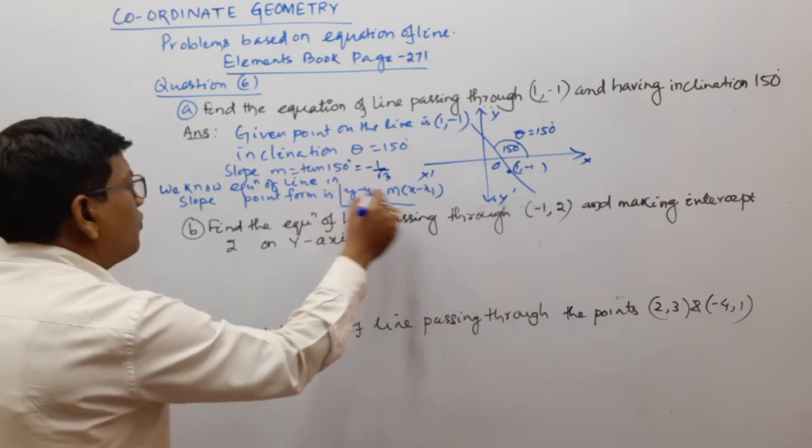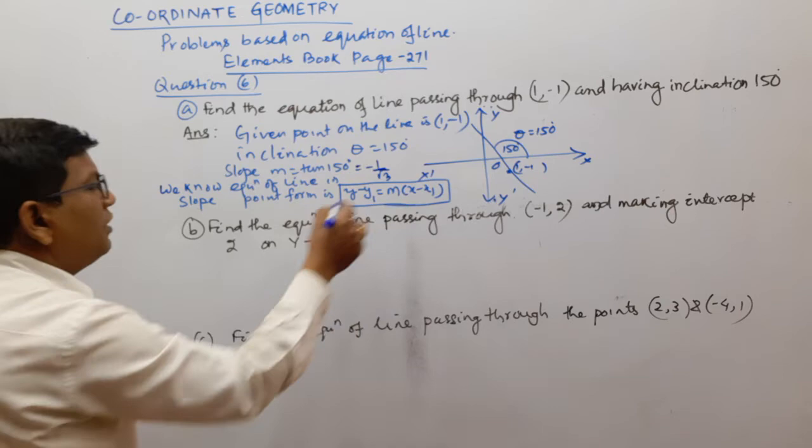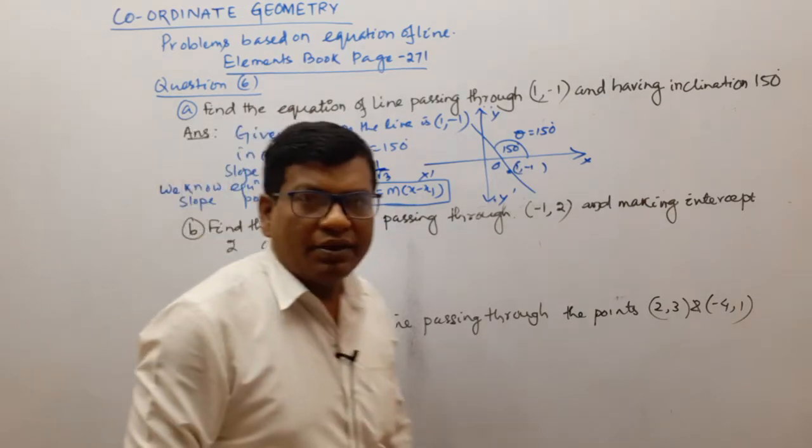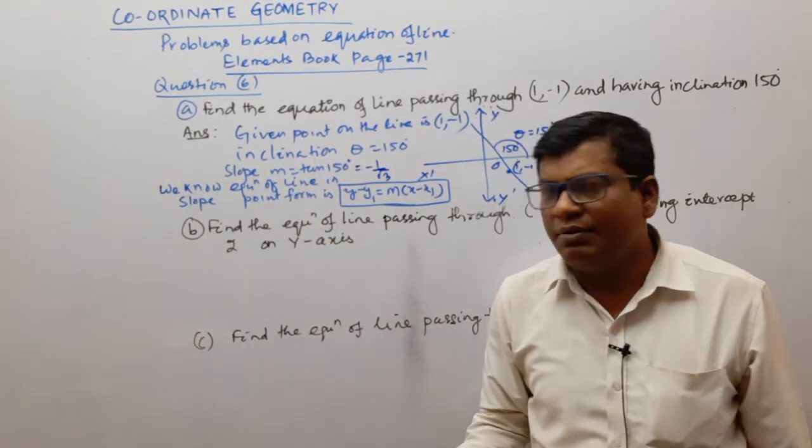This is the formula to find the equation of a line if a point and slope are given. Clear?